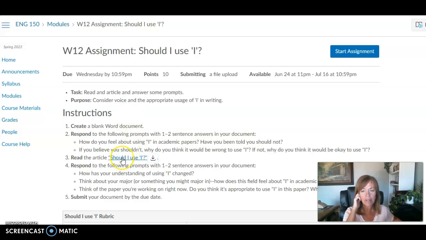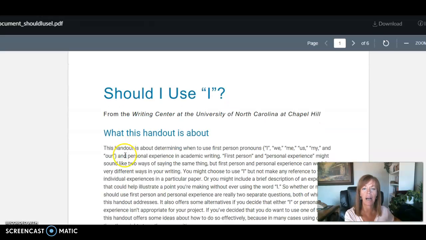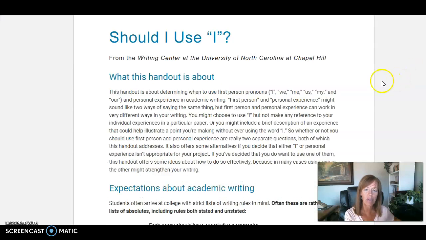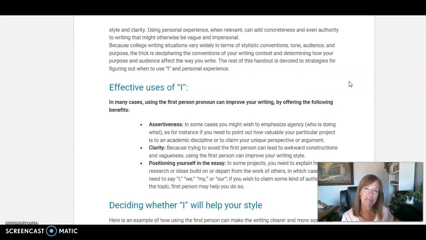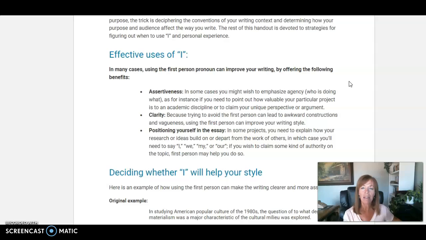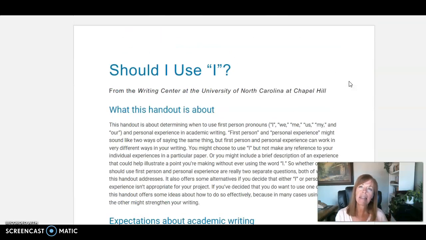And there's a handout here that talks about using first person I in academic writing. It has some good points, but some of it can be a little bit misleading, especially for this type of essay that we're writing right now, which is a formal academic essay.